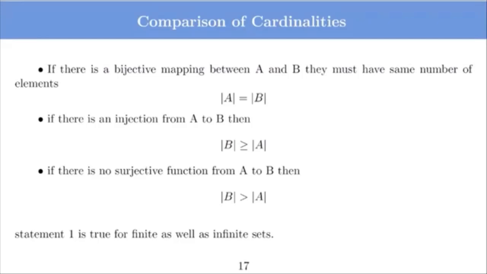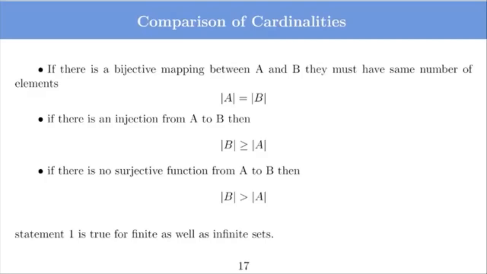You can find one bijective map from A to B if they are equal, and that will be surjective. But if you are not able to find any surjective function, it means no matter what function you try, it's not possible to cover every element of B. It means B then has strictly more elements than A.